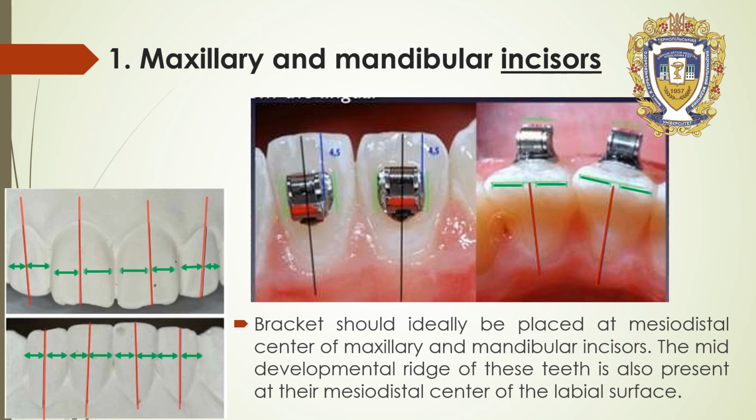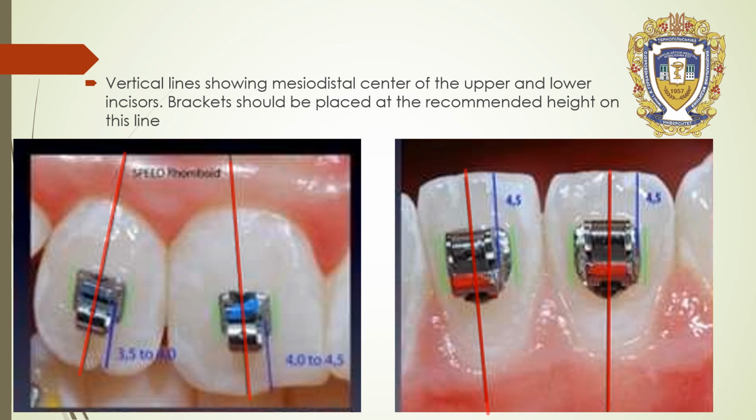Brackets should ideally be placed at the vertical lines showing the mesiodistal center of the upper and lower incisors. Brackets should be placed at the recommended height on this line.